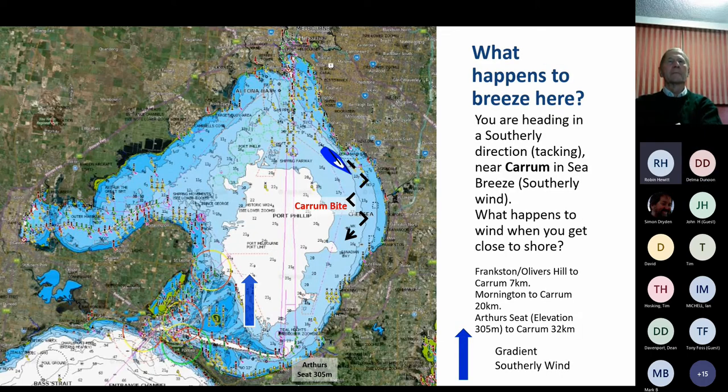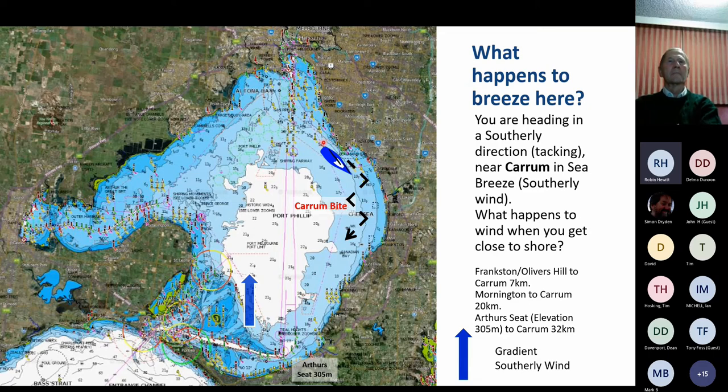Now we get into around Carrum, and I think you had a race down to Blairgowrie just recently. Yes. Right. Well, this is partly about that. The Carrum Bight has a notorious reputation.